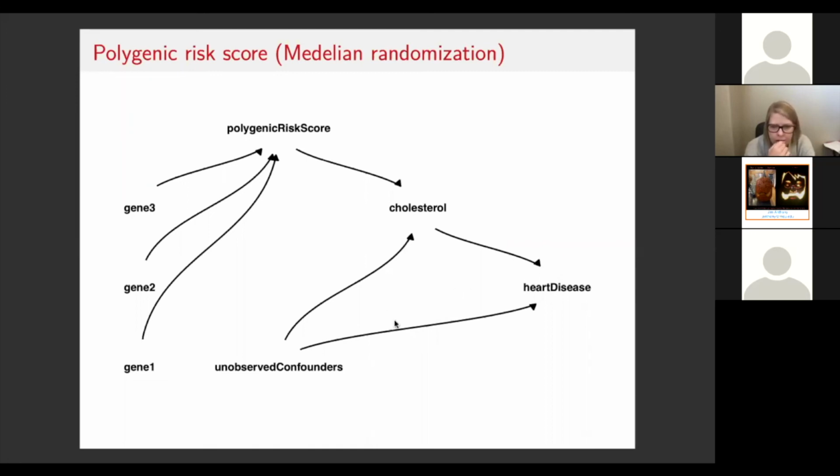So the idea is, what if I could randomize cholesterol? If I had a way to randomize cholesterol to individuals, then I would have a better way of estimating the effect of cholesterol on heart disease.